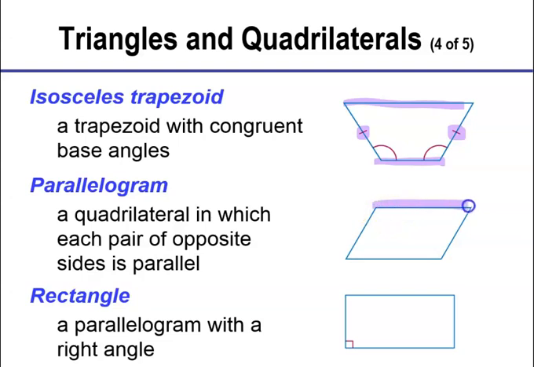So in this picture, these two sides are parallel, and then these two sides are also parallel. So that's a parallelogram. And a rectangle is a parallelogram. So all rectangles are parallelograms because two opposite sides are parallel, but you also have the 90-degree angle.